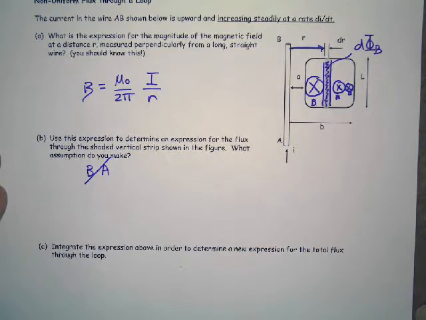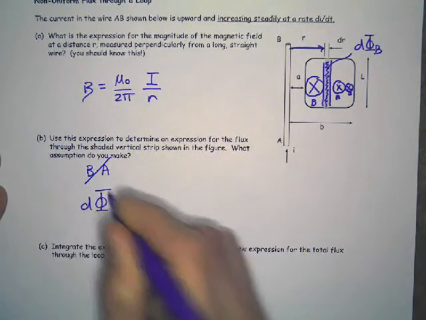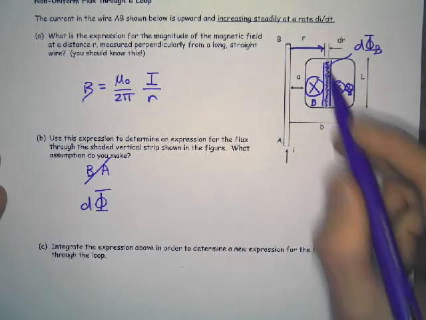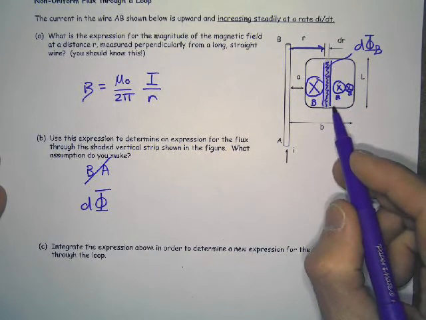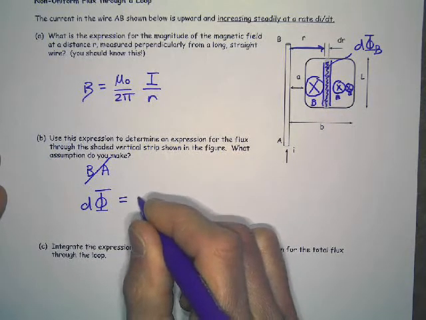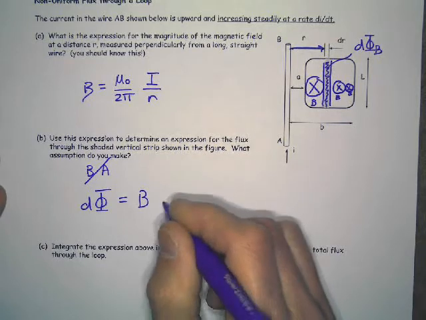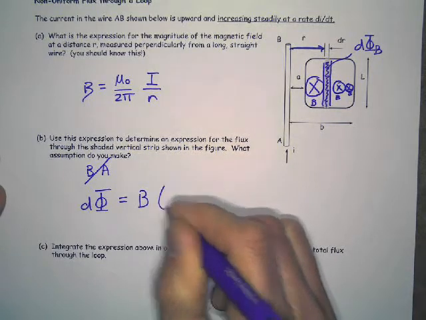So we would say in that case that the magnetic flux that passes through that can be written as the magnetic field times the area of that thin strip.